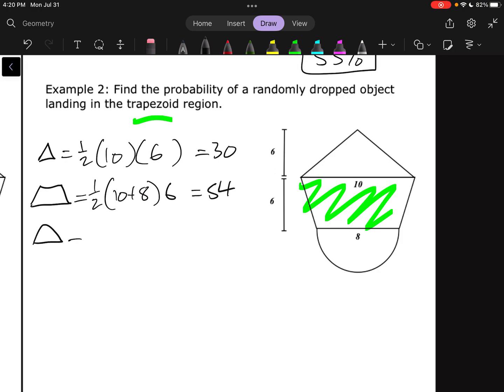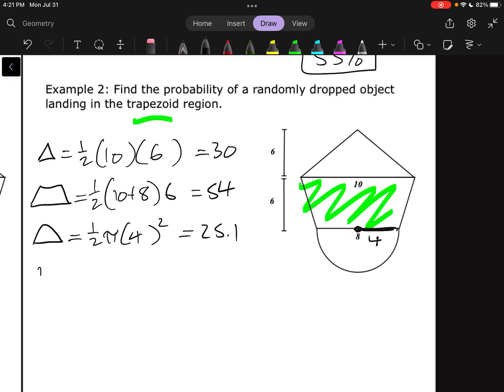And then we got the semicircle, which would be 1/2 pi r squared. Our radius should be 4. Right, if that whole thing's 8, then our radius is 4. So let's do 1/2 times pi times 4 squared. That gives me 25.1.